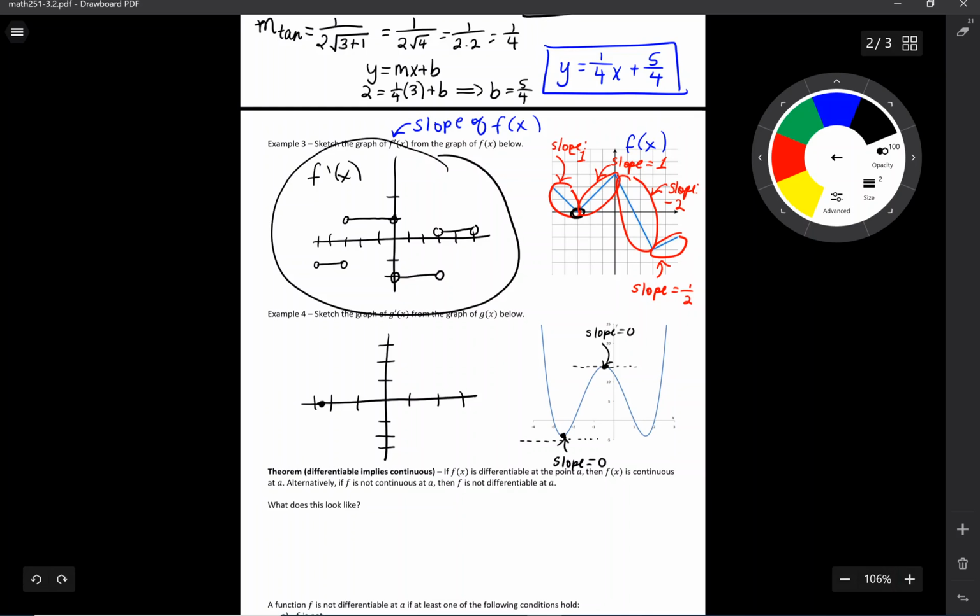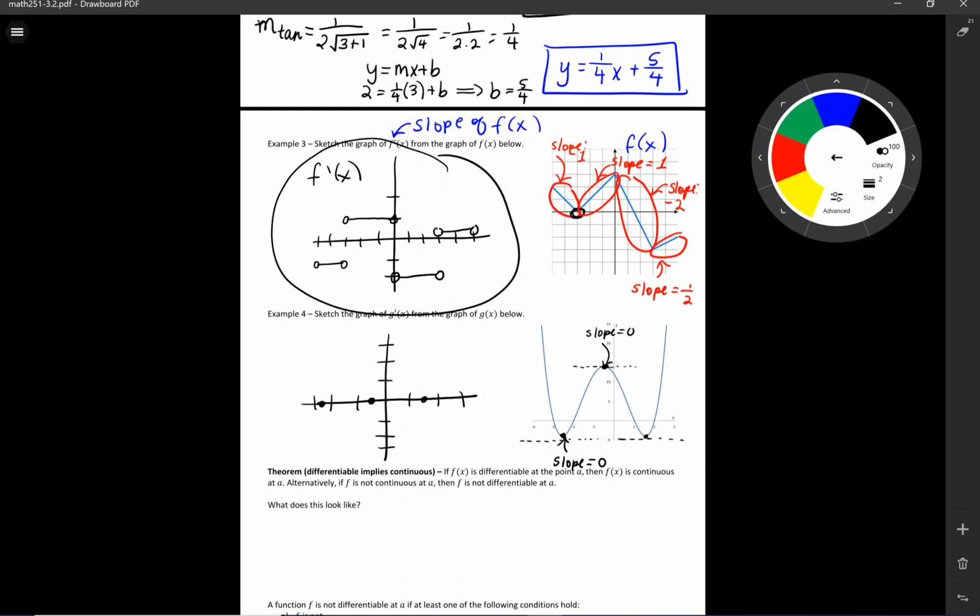And again here at 1.5. So that gives me 3 points on my graph of g prime. That's my first step when I can't calculate the slope: to find where my slope is equal to 0.